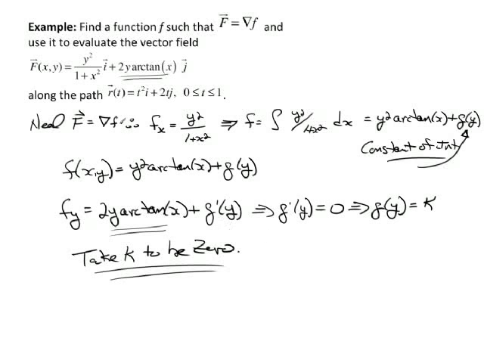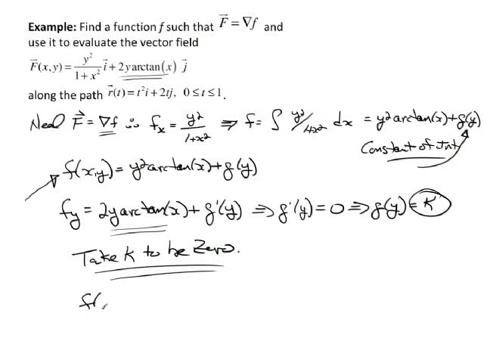Now, keep in mind that when we do this, we find f accurate to within a constant. Because I'm really interested in the gradient of f, and the derivative of this constant is always 0, I will have the correct gradient. So again, this function f will be accurate to within a constant. Now I have f.